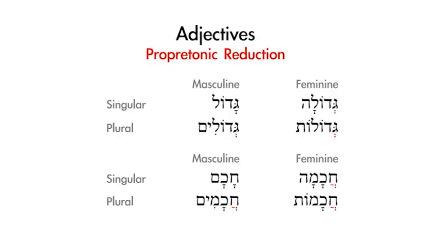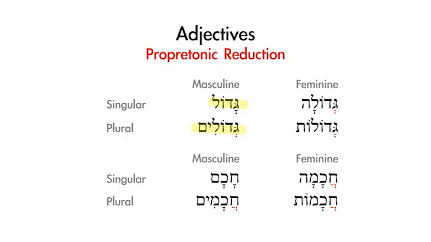The second category of adjectival inflection consists of adjectives that will experience propretonic reduction when they are inflected in the feminine or plural forms. Let's look at our first example here. We have the two-syllable adjective gadol. You can see that in the masculine plural form, gedolim, the qamets under the gimel has changed to a vocal shewa. This is an instance of propretonic reduction, just like we saw with the nouns.